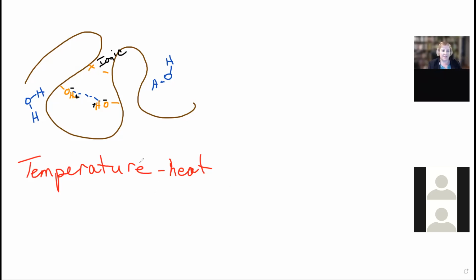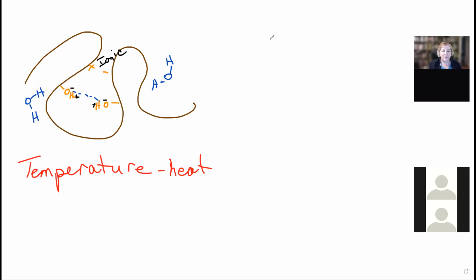Okay. So as things are hotter, as there's more energy in the solution, things are going to be bouncing around more. Okay. And so as they bounce around more, okay, things are going to bounce into each other, and these are going to start breaking down. Okay. As water slams into this part, maybe this will move further over.